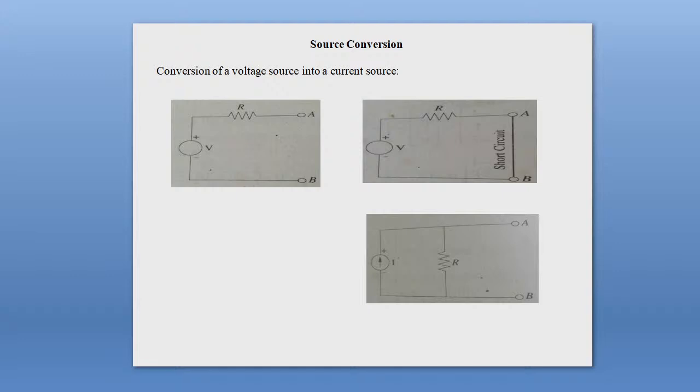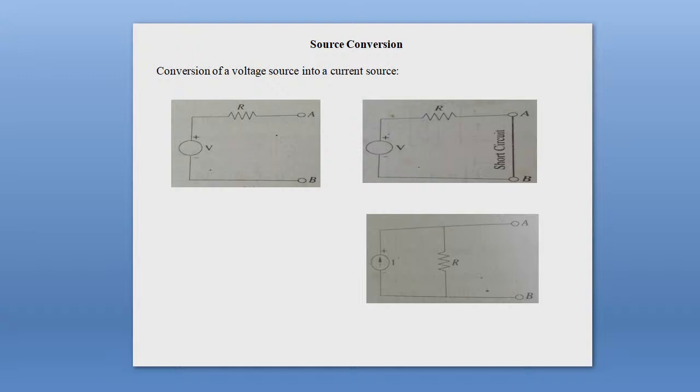Let me tell you the basic approach or steps which are involved in this conversion process. You see, I have taken an example of a voltage source and I will tell you the steps involved for conversion of a voltage source into a current source.